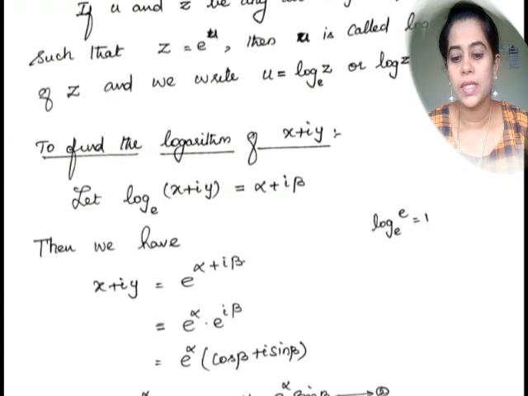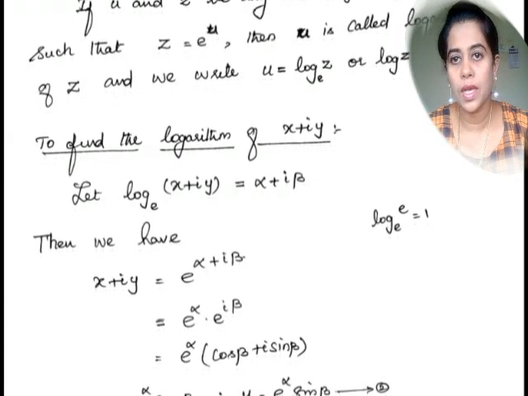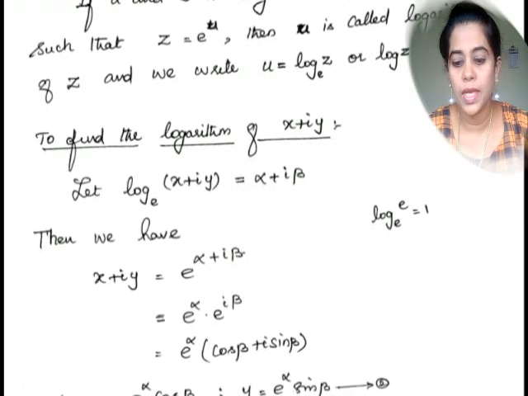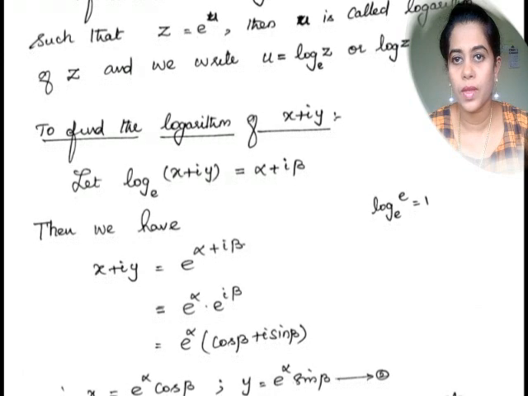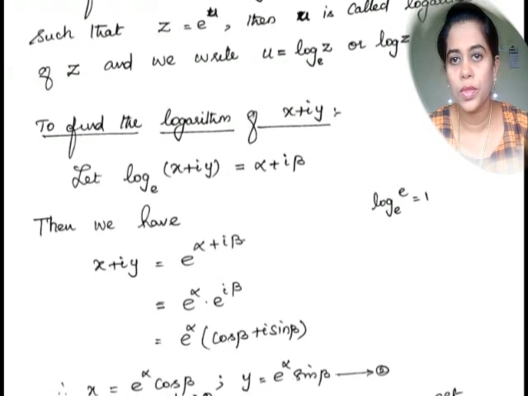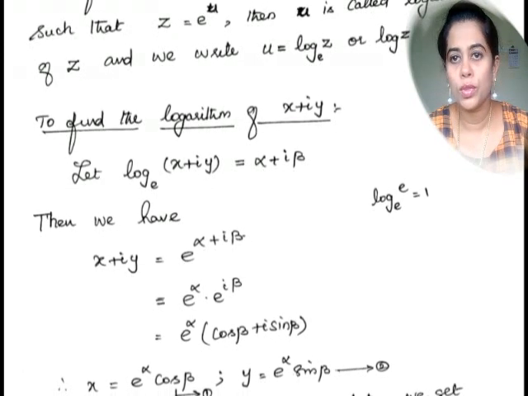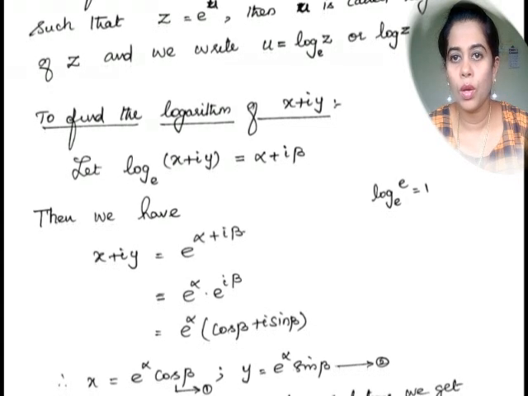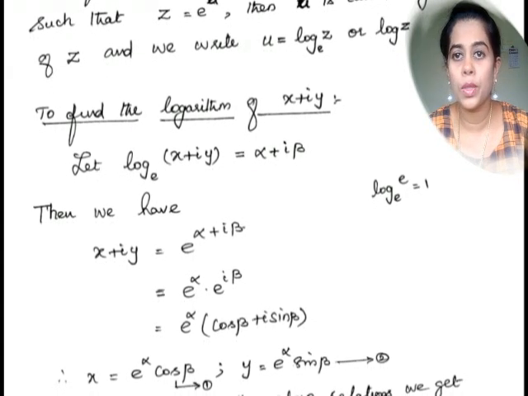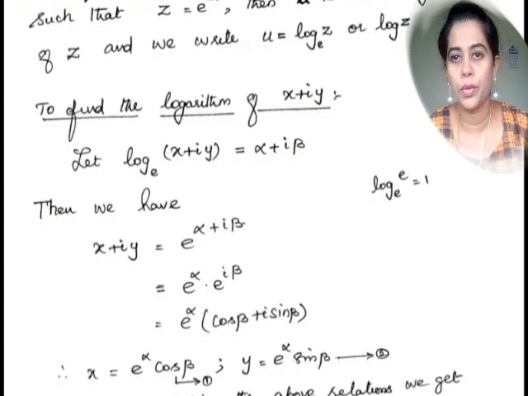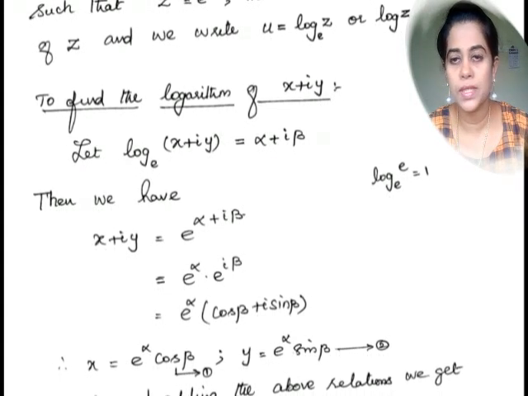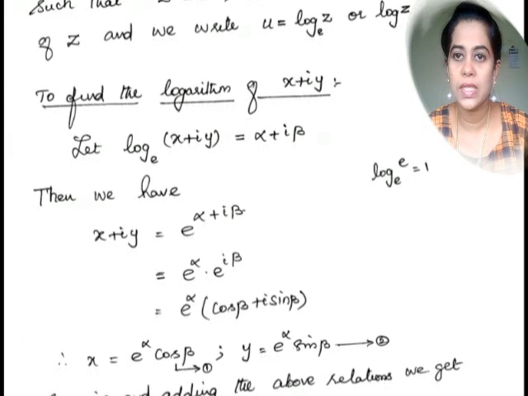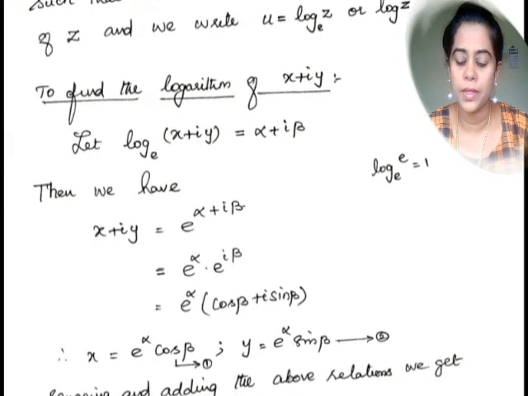Then we can write x plus iy equal to e power alpha plus i beta. When I am raising e on both sides, log of e to the base e is 1, that we know very well. So the left hand side we are getting as x plus iy, and the right hand side is e power alpha plus i beta.